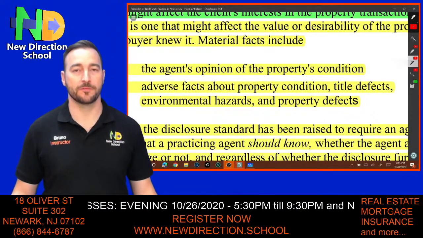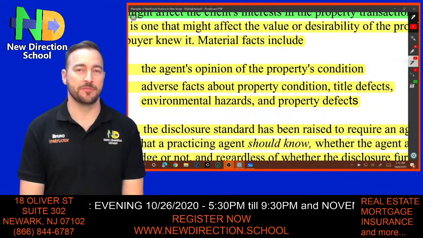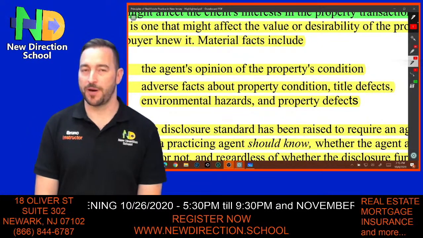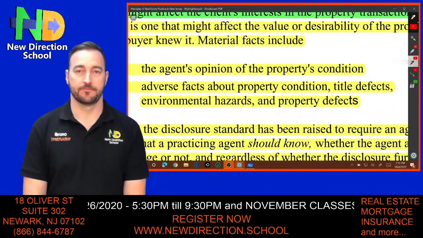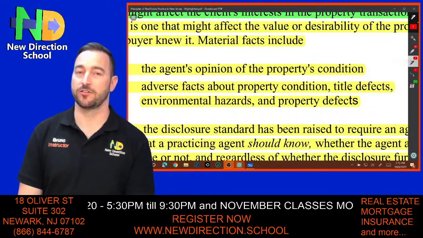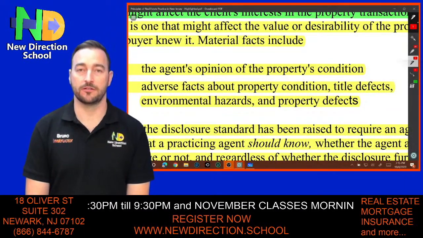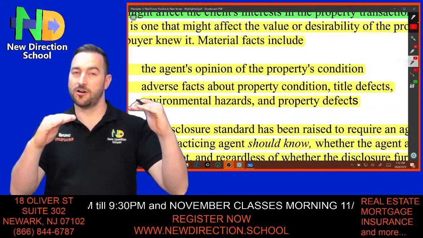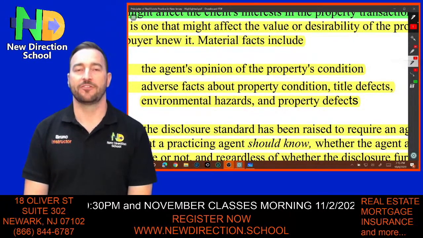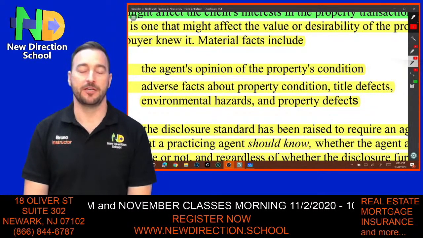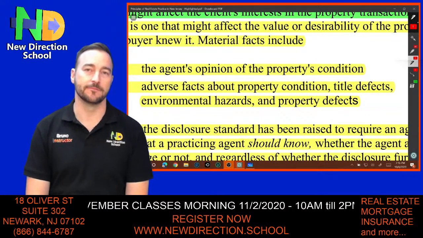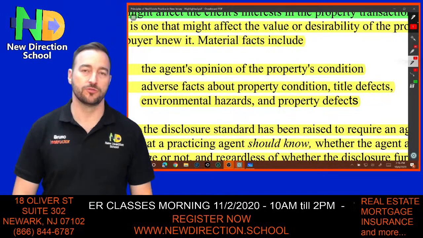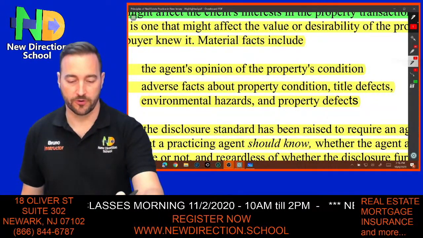If you see water in the basement, it doesn't necessarily mean there's a leak, but Mr. Buyer, you should do an inspection. Does that make sense? It doesn't necessarily mean there is. If you feel like the ceiling is a little off, have it inspected. There might be something structural that could be damaged and cause further damage down the line. Everything else is what you know already or might know from a regular inspection.